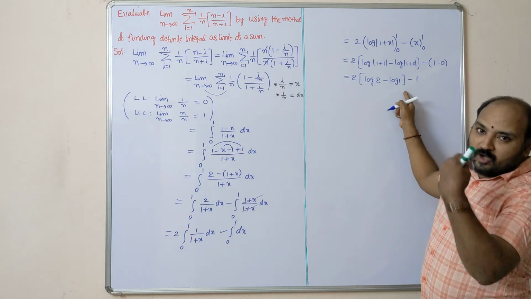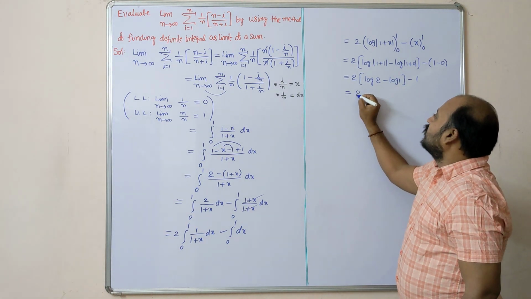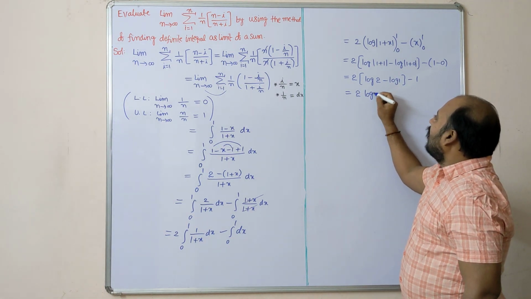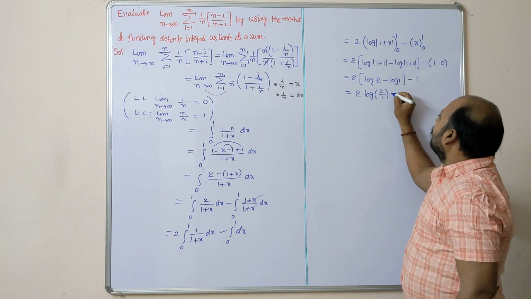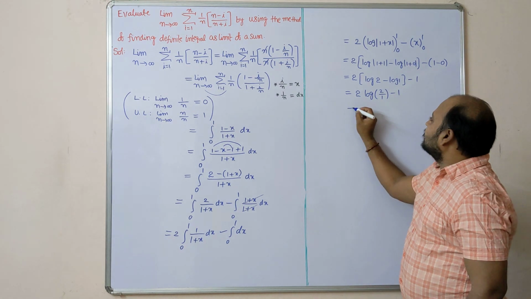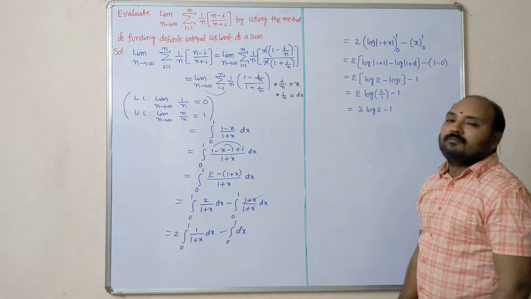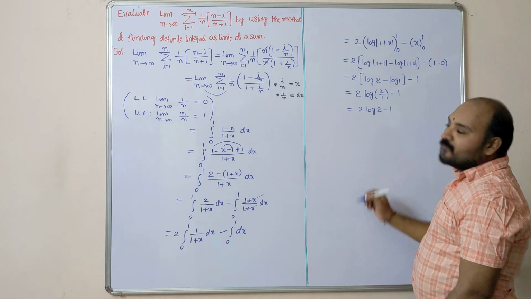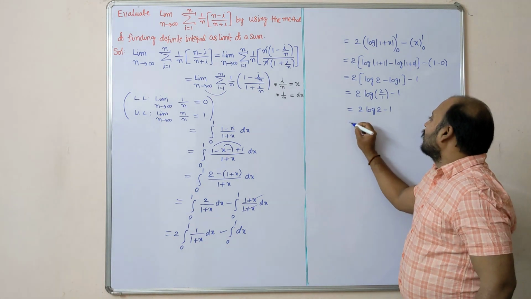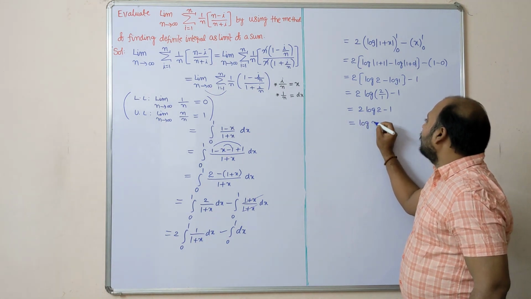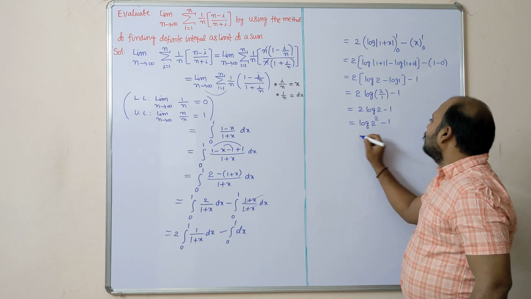Log a minus log b is log a by b. So which is equal to 2 into log (2 by 1) minus 1, that is equal to 2 log 2 minus 1. Still, if you want to write more steps, we can write it as log 2 square minus 1, that is equal to log 4 minus 1.